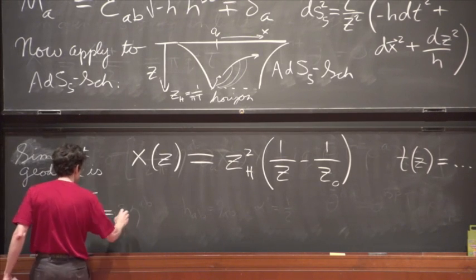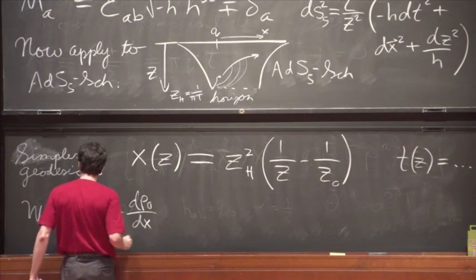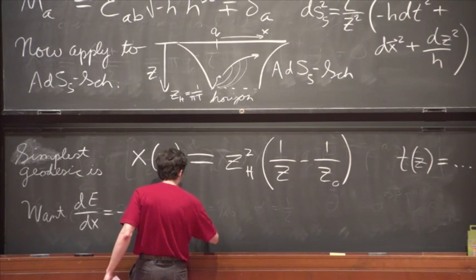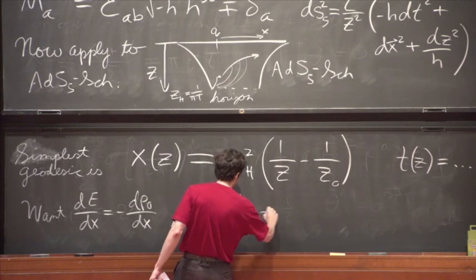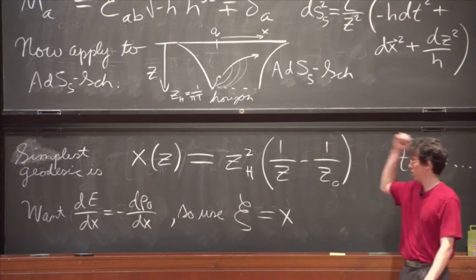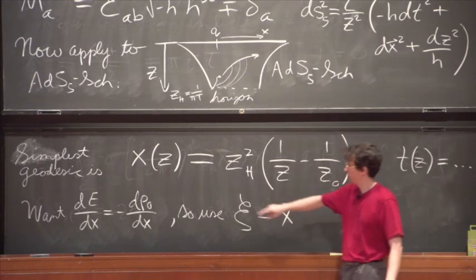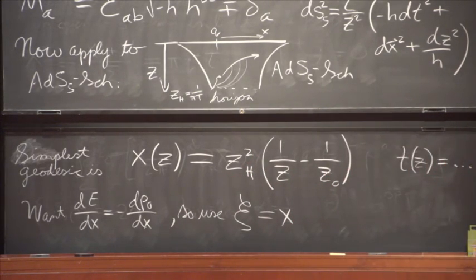So I want dE/dx, which is the same as this. So I'm going to use, for my parameter psi, the direction x along the boundary. You would have thought from this formula that I was getting ready to use psi equals z. Well, I changed my mind.